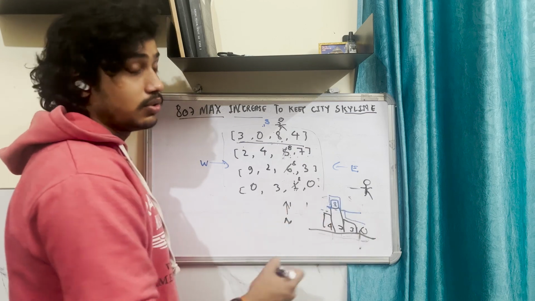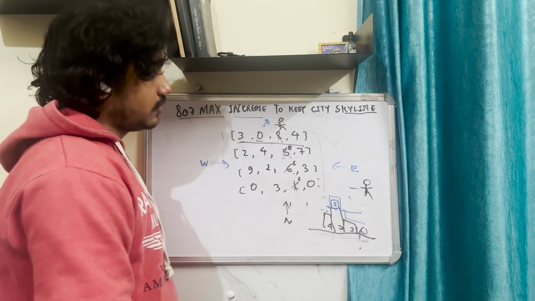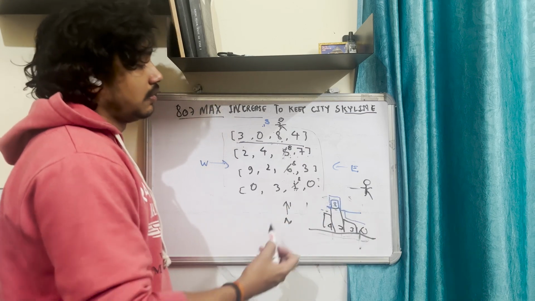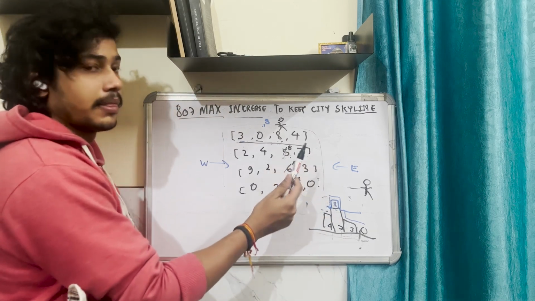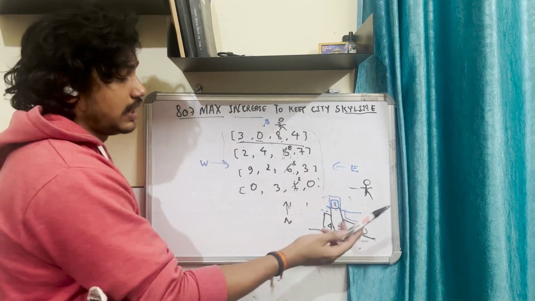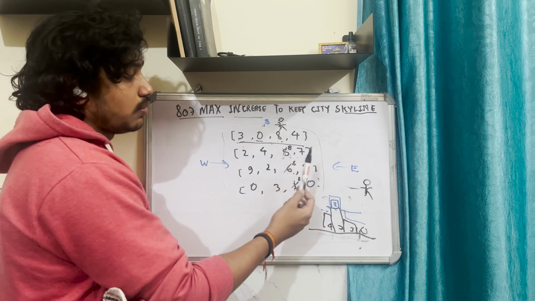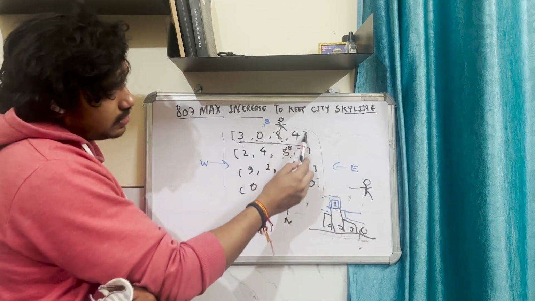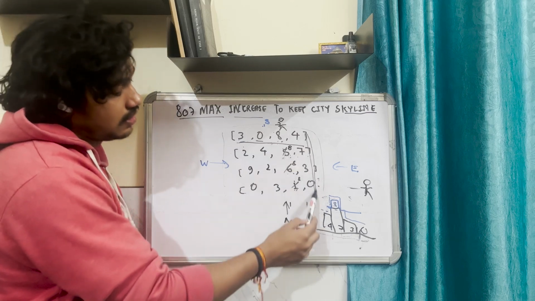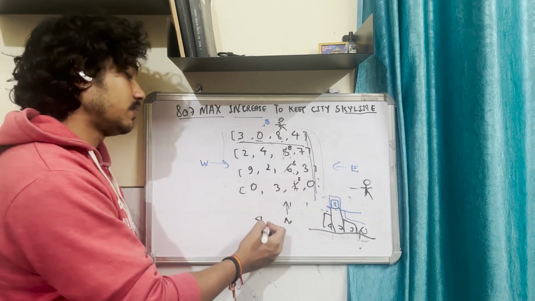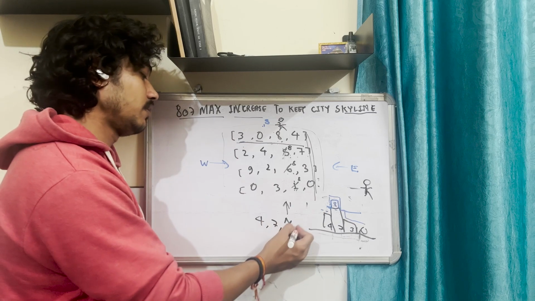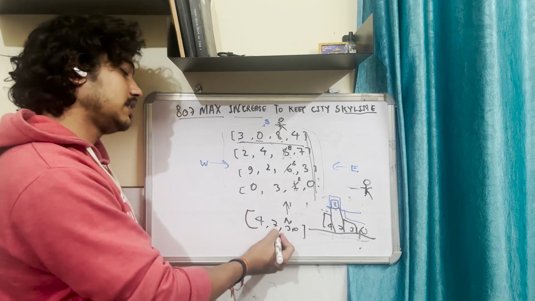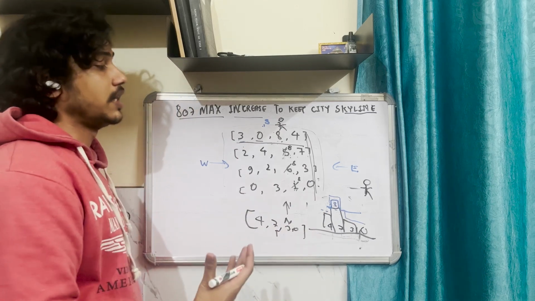So you changed it, and you don't want that. You change it to 8, but you couldn't do that; you can only change up to a certain height. If this is your skyline, 4730, all the buildings behind 7 can be of how much height?